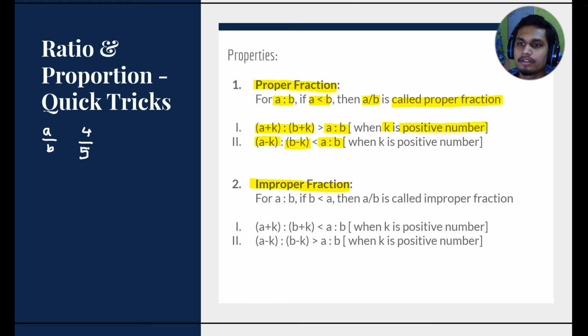4:5. If we add 1 in numerator and denominator, we will get 5/6, and if you see the values, 4/5 is equals to 0.8, and the value of 5/6 is 0.833 almost.